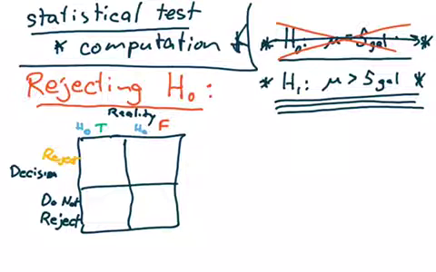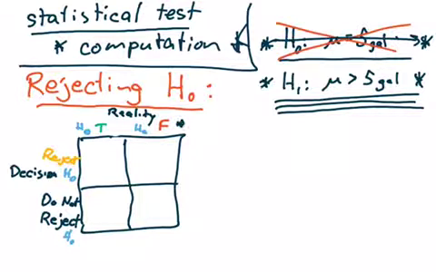H subscript 0 could be true, and we could reject H subscript 0. Or we could have H subscript 0 true, and we could say do not reject H subscript 0. What else? Well, we could be over here.